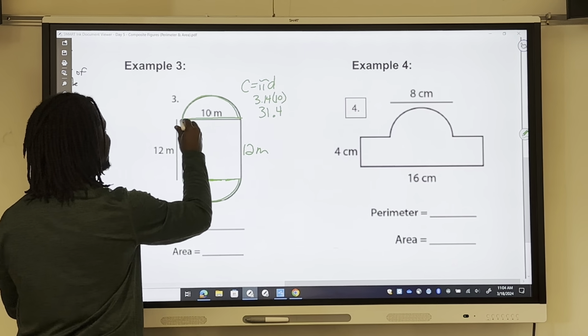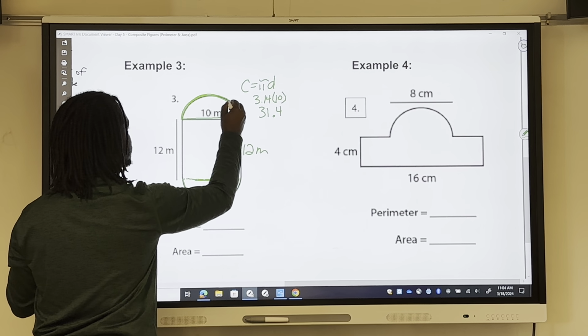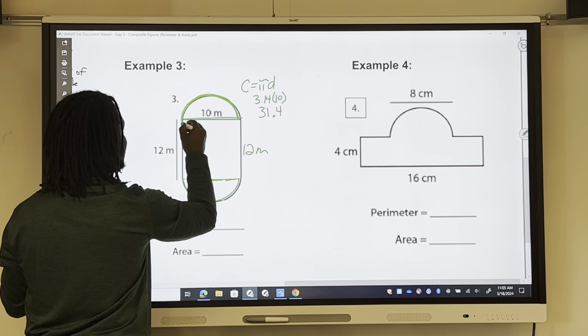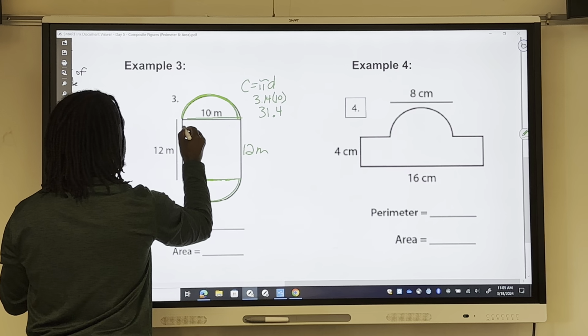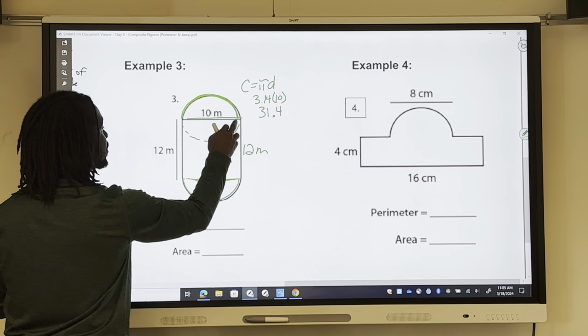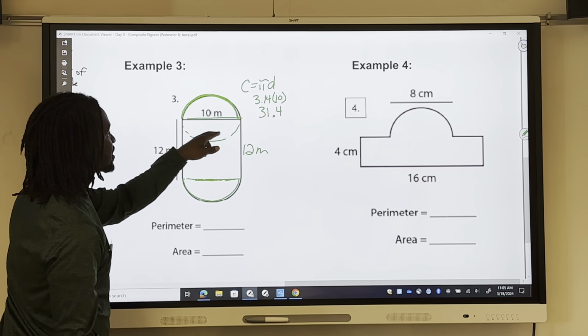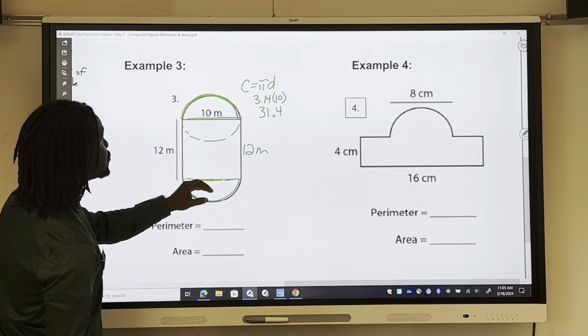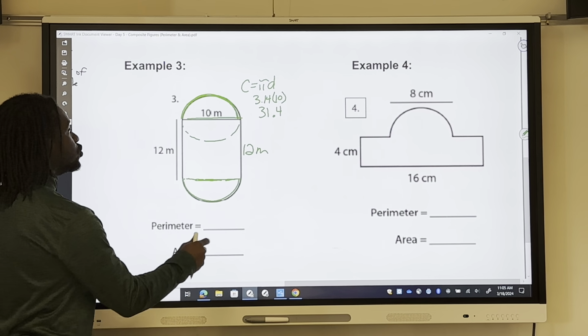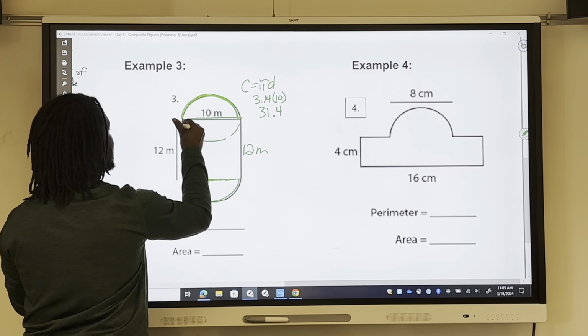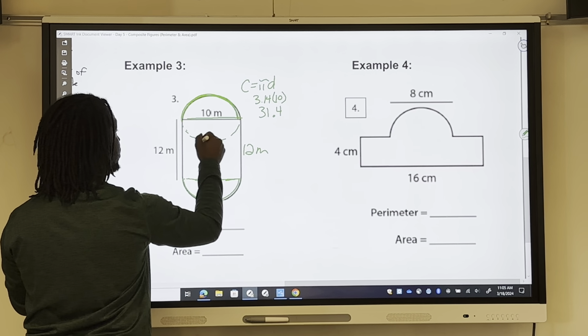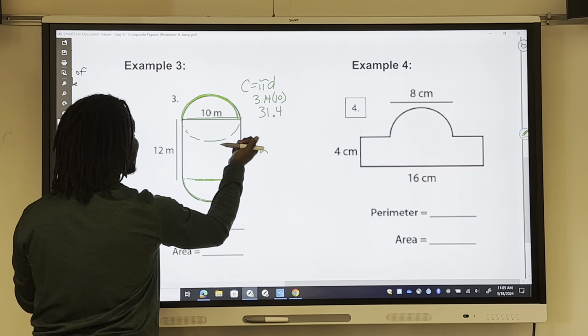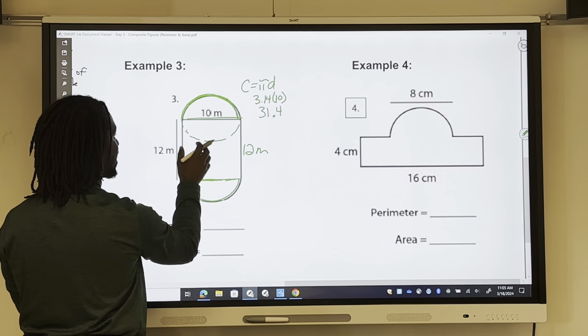Now here's the deal. When I do that, that gives me the outside of an entire circle. But I don't have this entire circle right there, but I do have it at the bottom. Do I have that piece? Yes, I do, because it's just shifted down to the bottom.